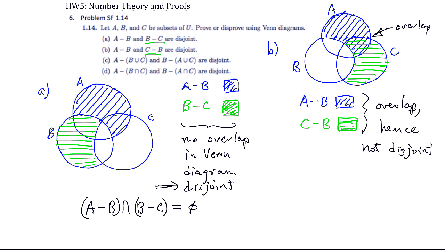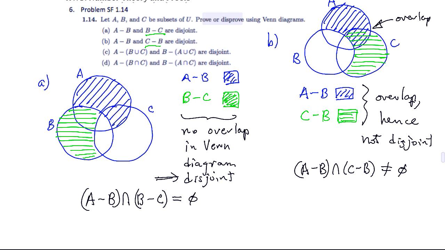Okay, and we can say that (A minus B) intersected with (C minus B) is not equal to the empty set in general. Okay? Okay, well, let's move on to part C and D.